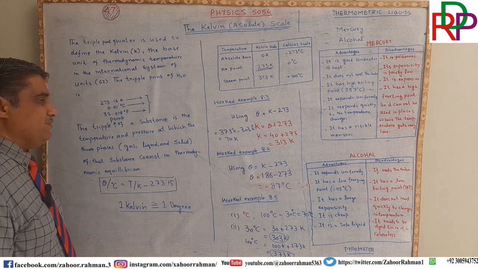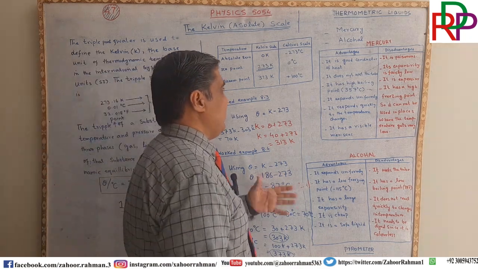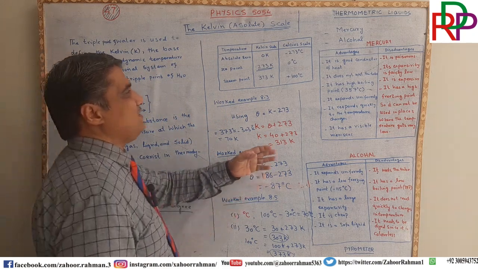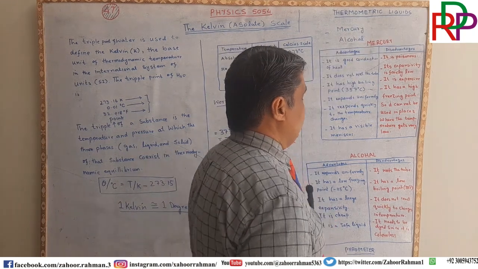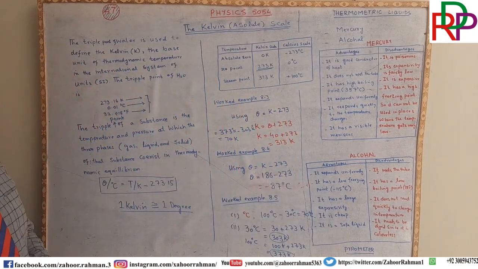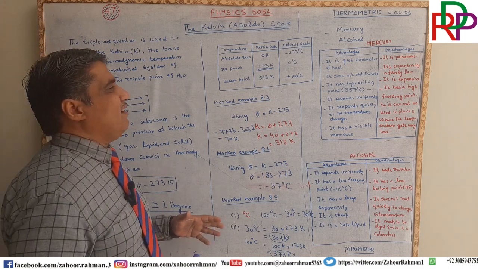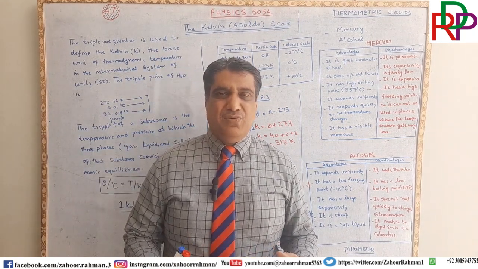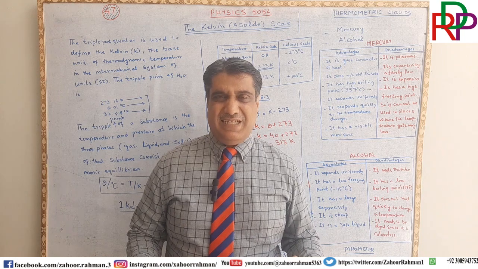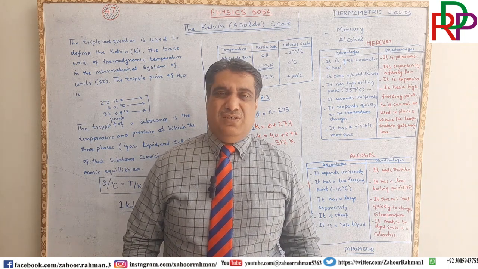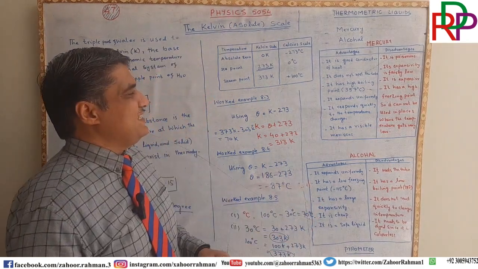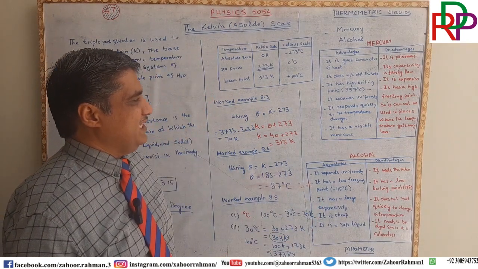Now we are coming towards the next topic, and that is thermometric liquids. There are commonly two types of thermometric liquids used inside a thermometer. What are the advantages and disadvantages of those liquids?